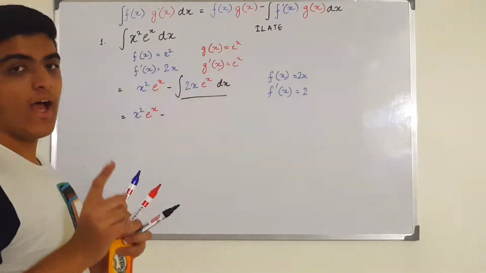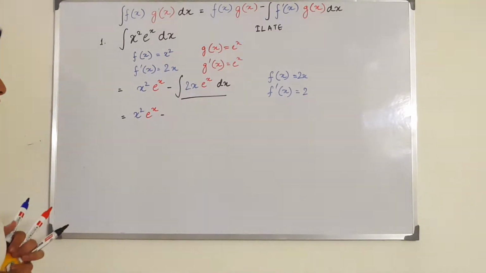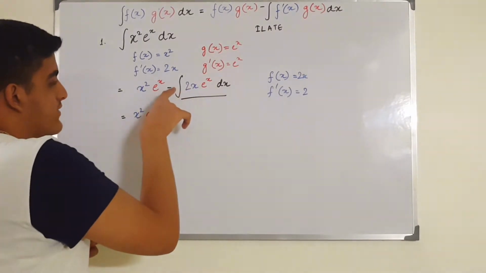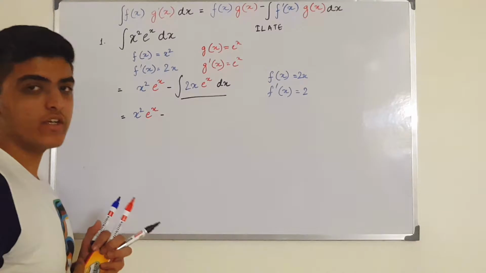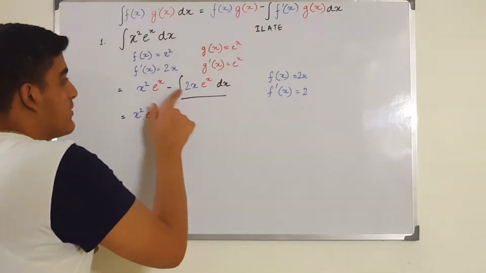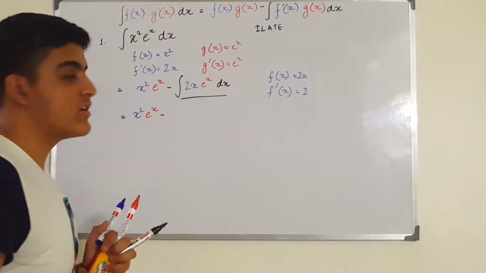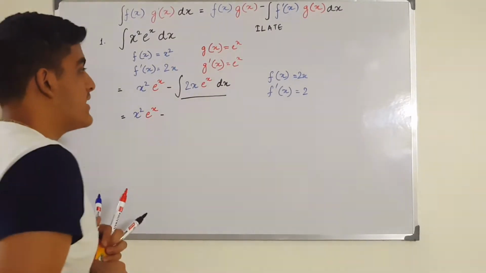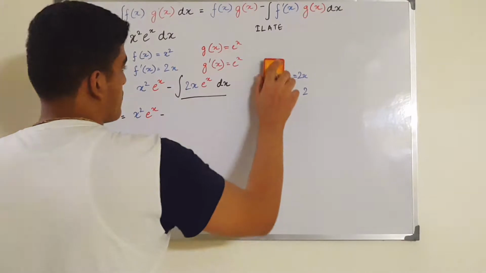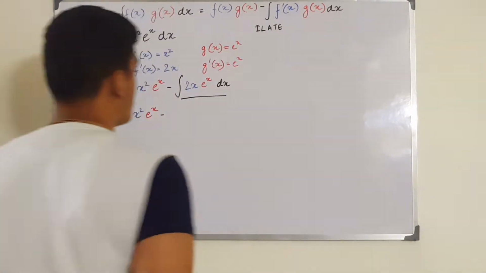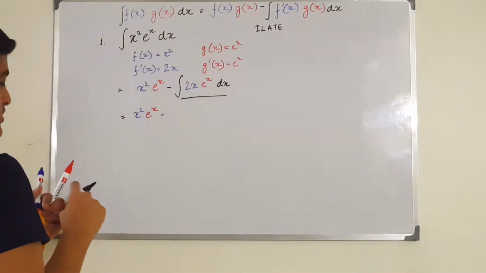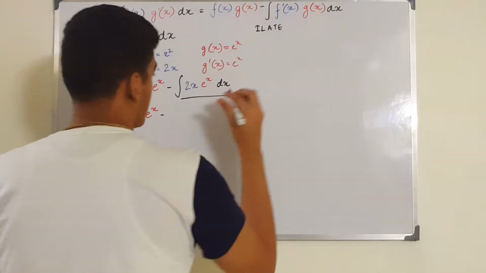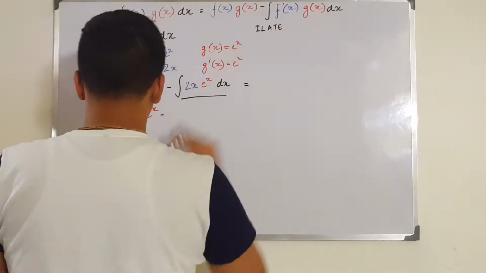We can consider that, or there is another thing that we can consider. Since 2 is a constant which is multiplied with x into the e to the power x, we can keep it outside the integration. That would make things a bit easier, so that's what I'm going to do. I'm going to keep 2 outside the integration. So this is what we're going to integrate.